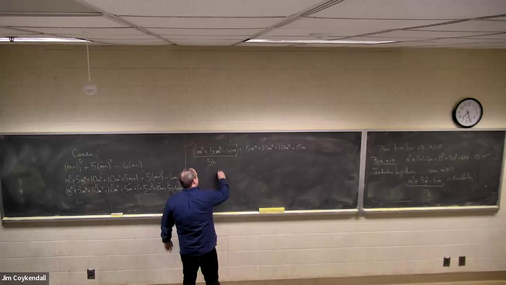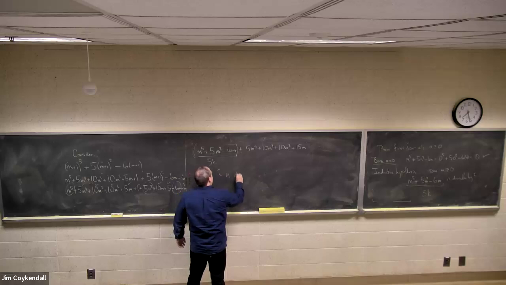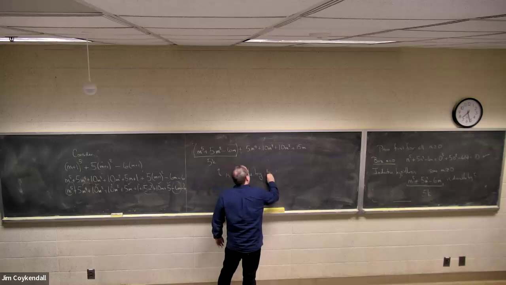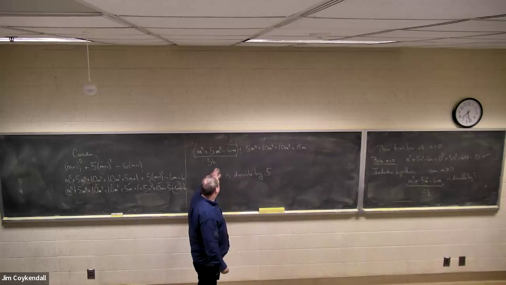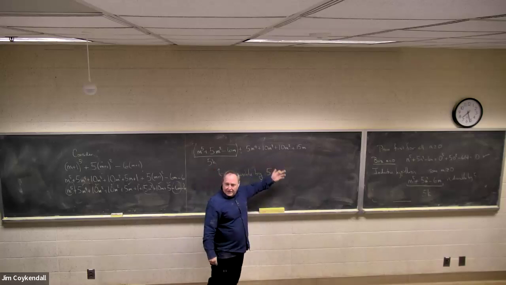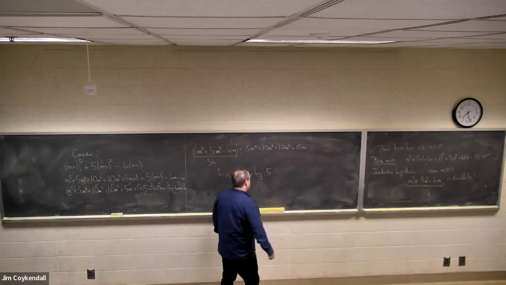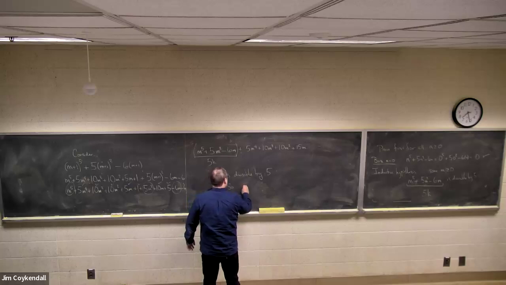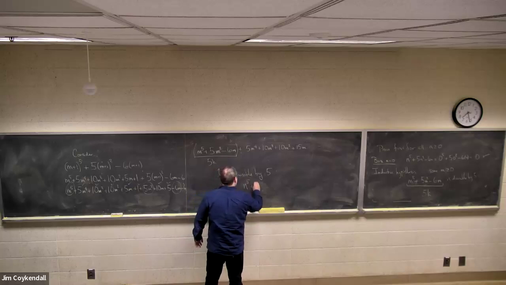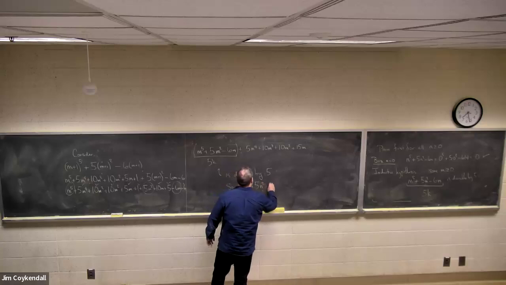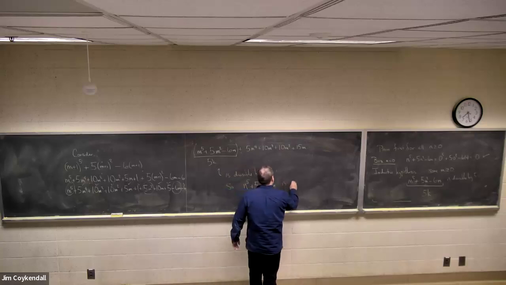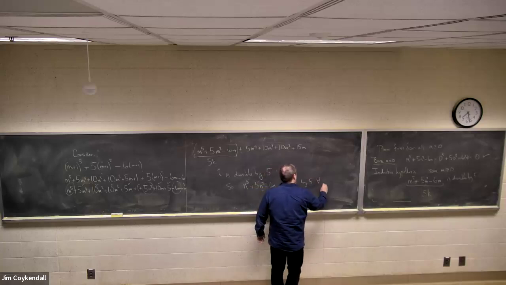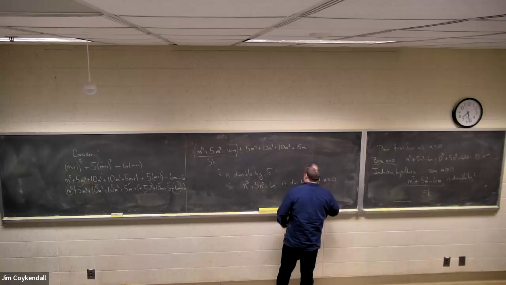So this is divisible by 5. So the statement: 5m squared minus 6m is divisible by 5, for all n greater than or equal to 0.